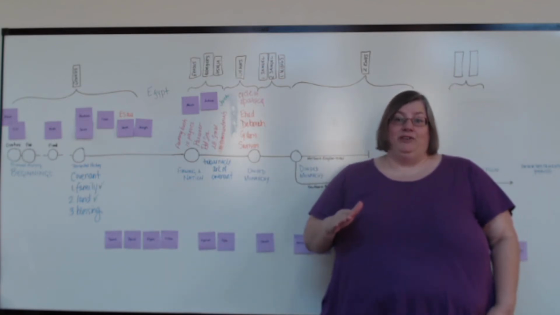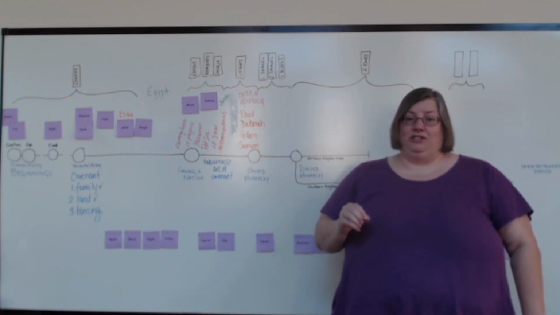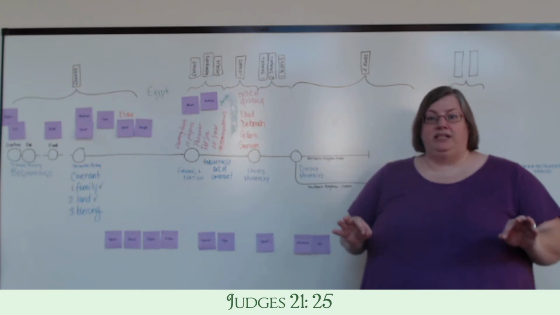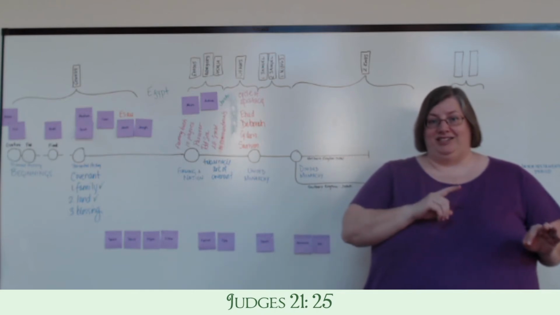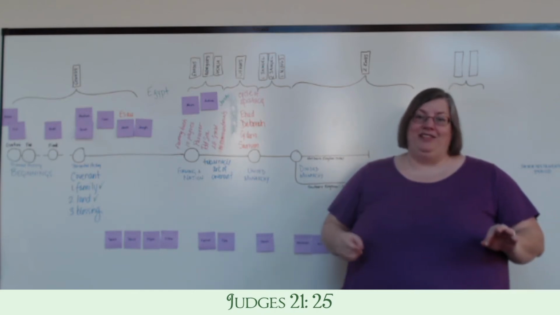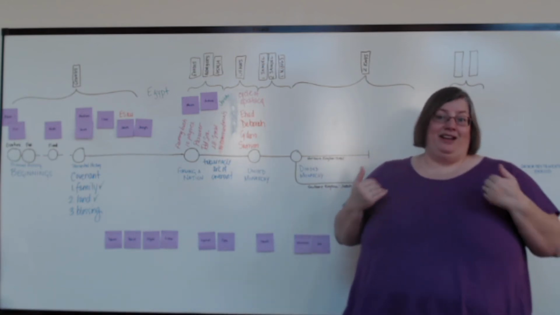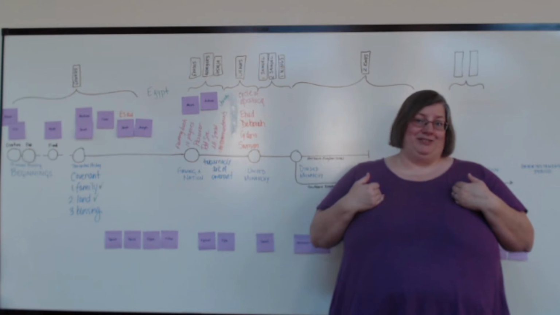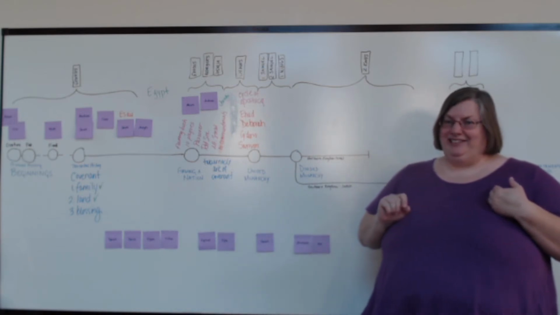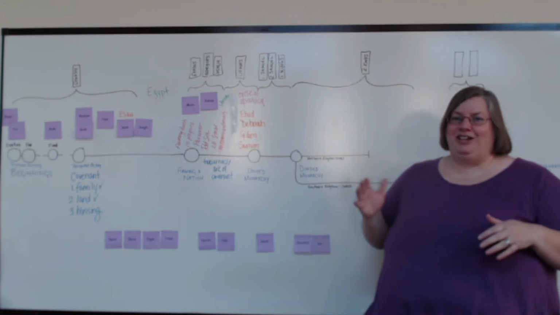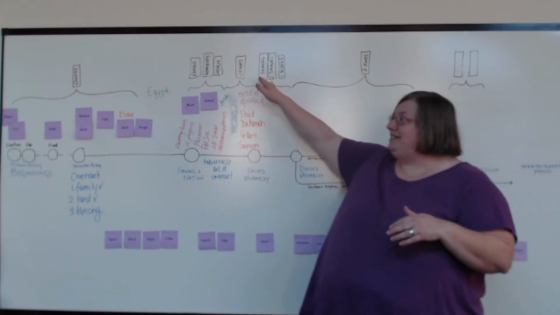So much so that at the end of Judges, the author tells us, and everyone did what was right in his own eyes. They didn't follow God, they followed their own hearts, their own desires. And if you think about how and where your heart has probably led you at times, that's not necessarily a good thing.